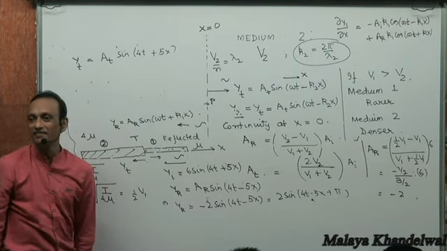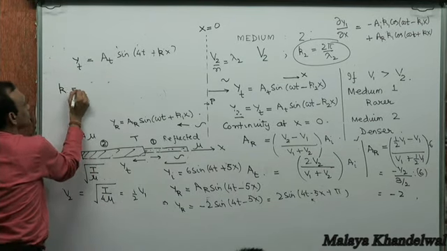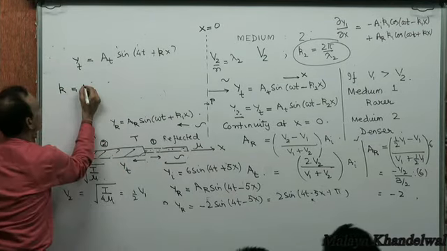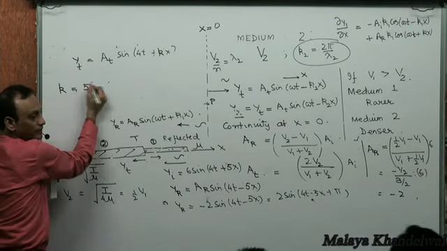K will change. For the reflected pulse, k was the same, but for the transmitted pulse, it will not be 5. It will be some k. K for the incident medium was 5, which is 2 pi by lambda for the incident medium.